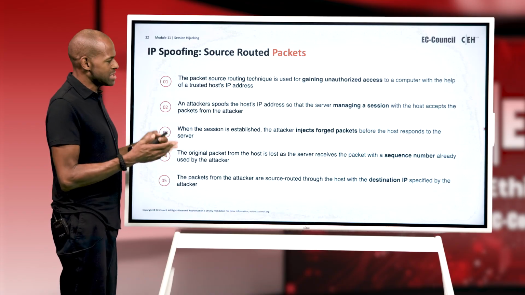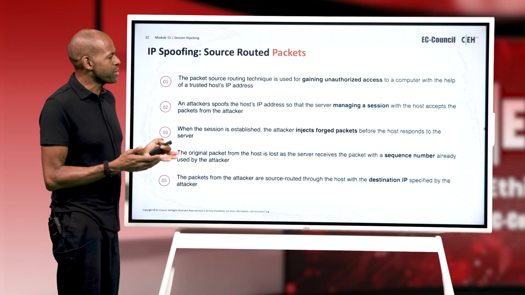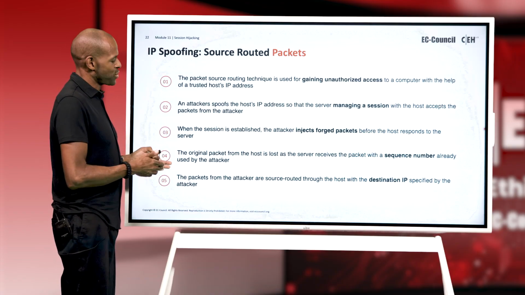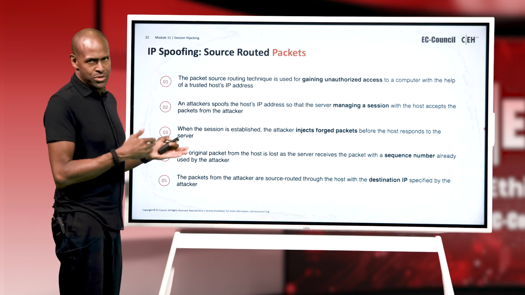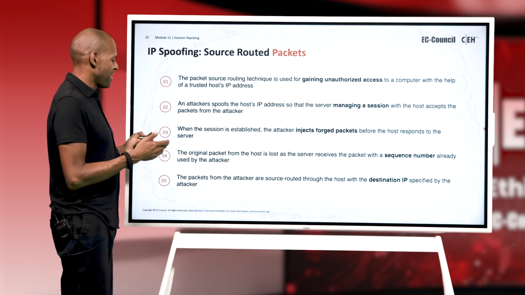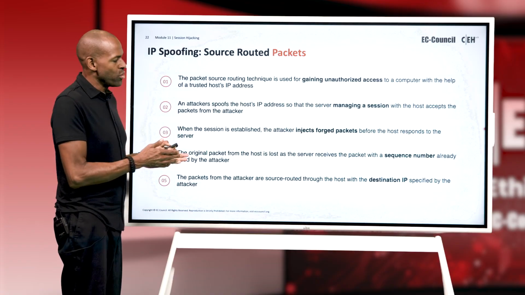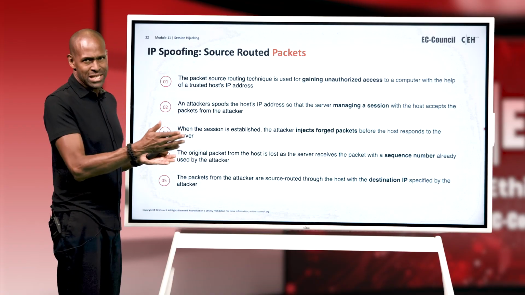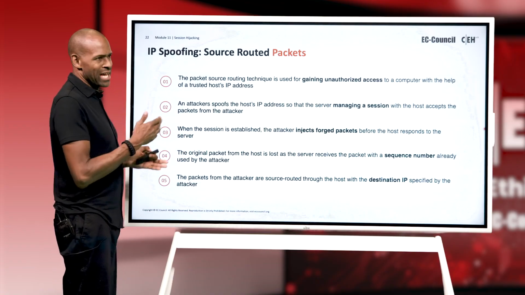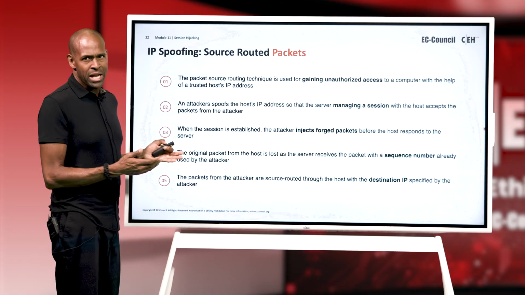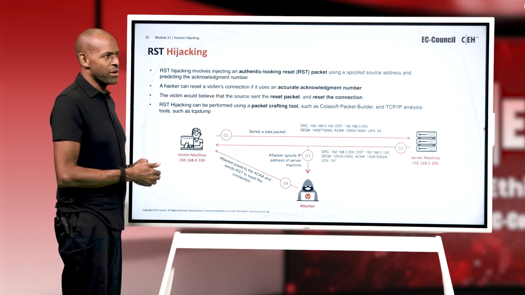And then when the session is established, we can inject forged packets into that server. And then from there, we're able to predict sequence numbers. And then from there, we can source route through that device into the destination IP. So that's one of many different methods to do source routing.